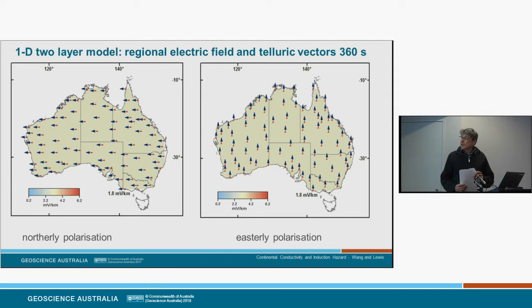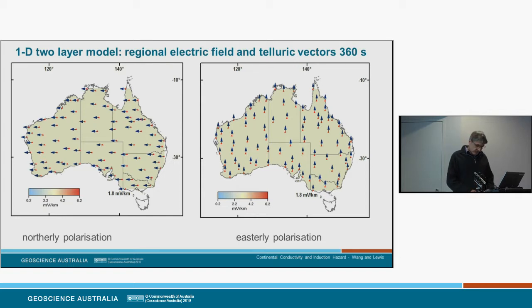Using that information, we can draw hypothetical event maps to show the electric field induced by theoretical geomagnetic variations which are polarised in either a northerly direction or an easterly direction. The colour scales on this map show the magnitude of the regional electric field, which is calculated from the off-diagonal elements of the tensor.